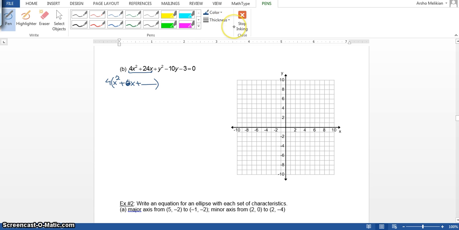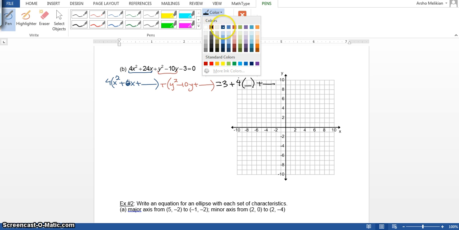Now, for the y's, I will combine these two, so it's plus y squared minus 10y plus a number equals 3 plus this number, but it's going to be 4 times this number plus this red number. Okay?